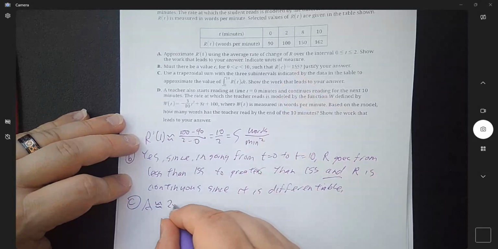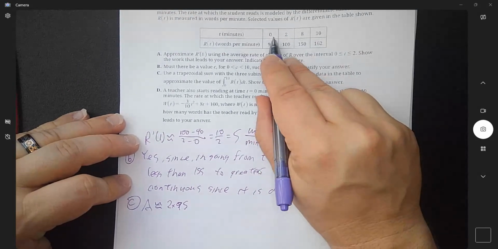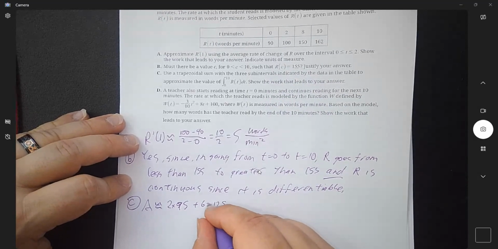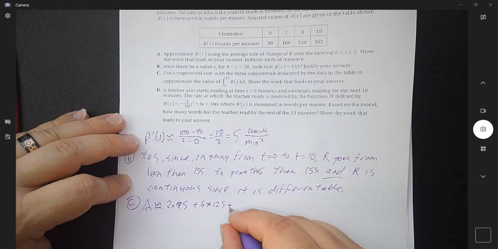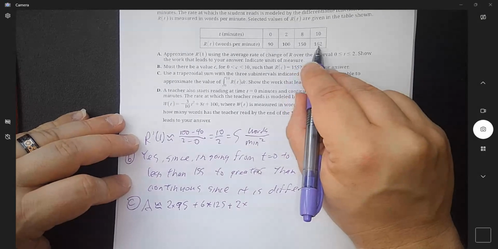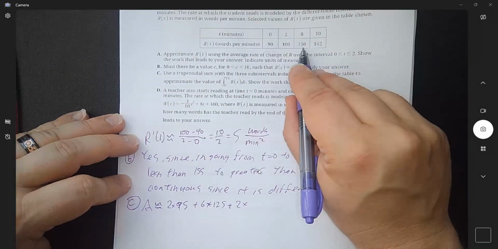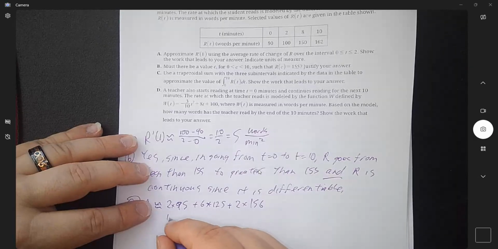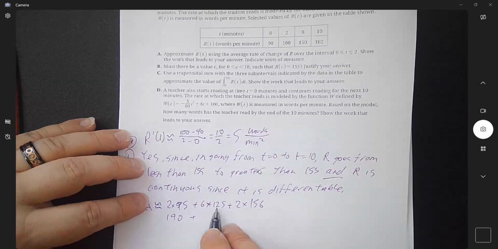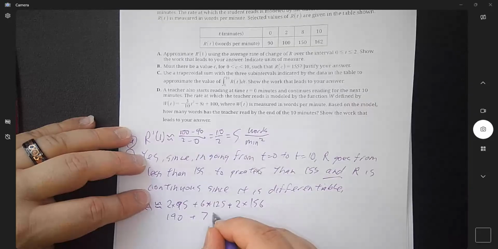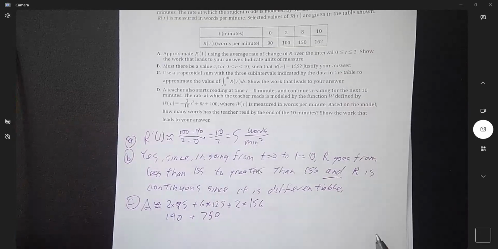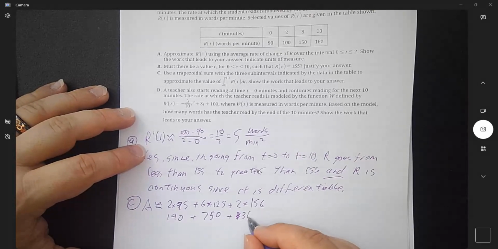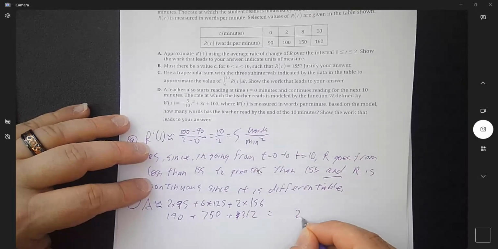So it's going to be 2 times 95, plus 6 times 125, and then plus 2 times the average of these two. Gosh, I really don't want to have to do this. It'd be 156, wouldn't it? 156, okay. So then 2 times 100 is 200, so this is going to be 190. Okay, so this will be 750, I believe. And then this is going to be 312.